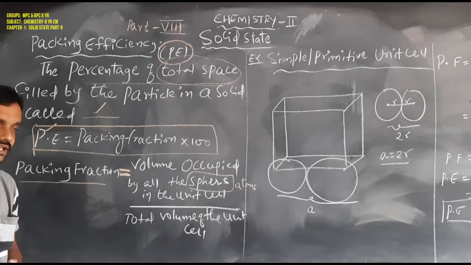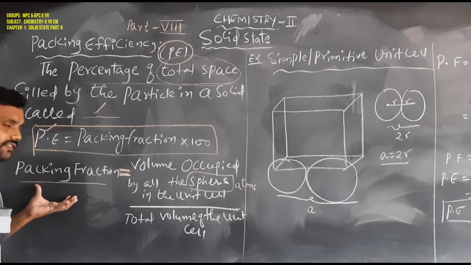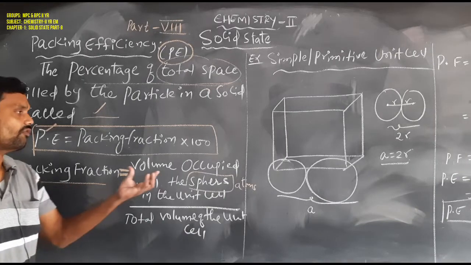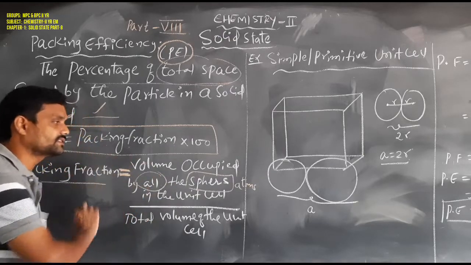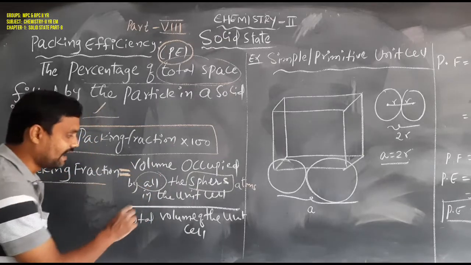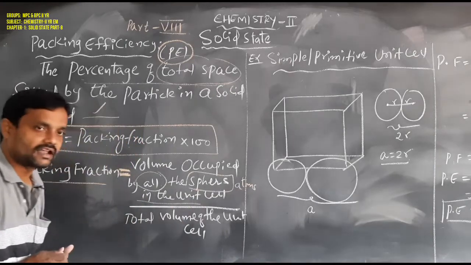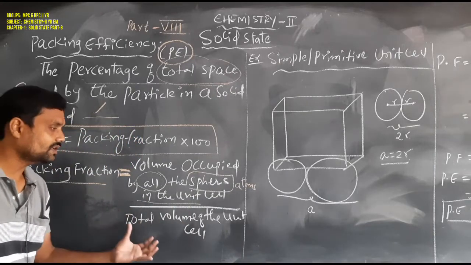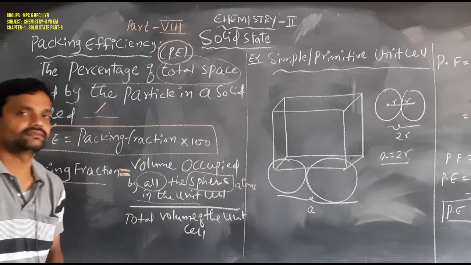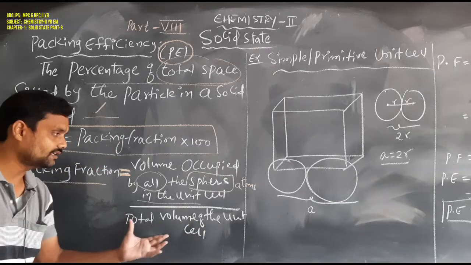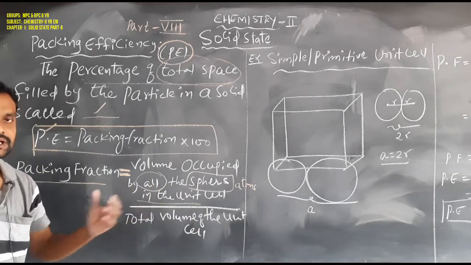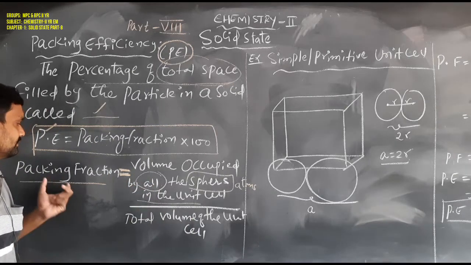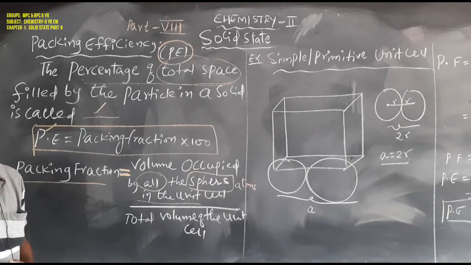So, what is the formula? Packing fraction is equal to the volume occupied by all the atoms, nothing but all the spheres in the unit cell, divided by the total volume of the unit cell. By using this formula, we find the packing fraction.